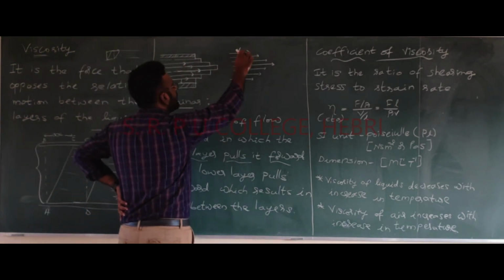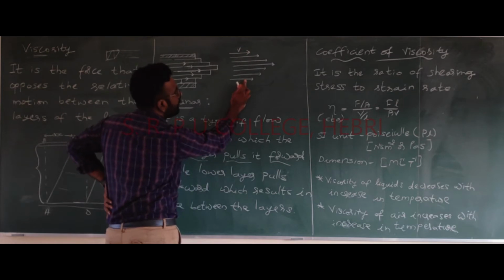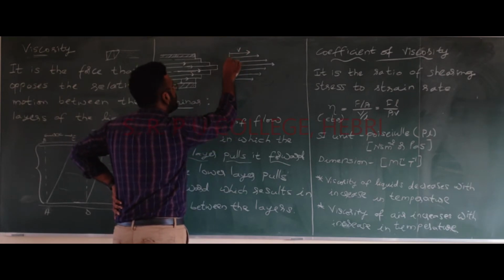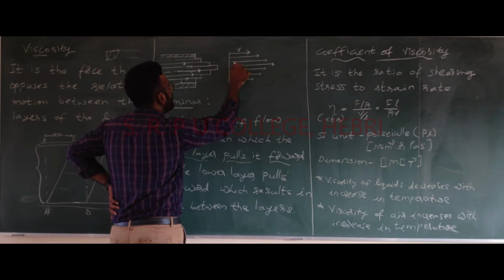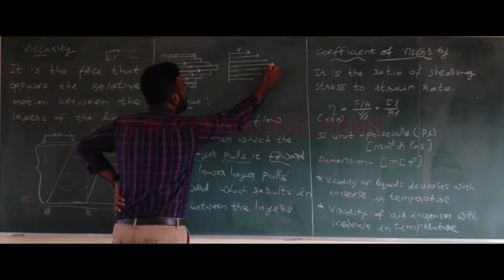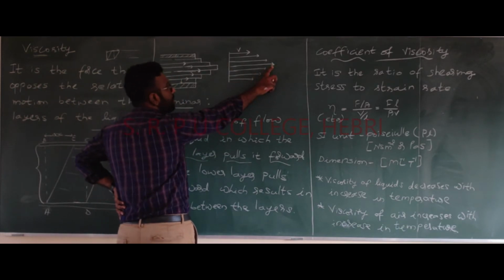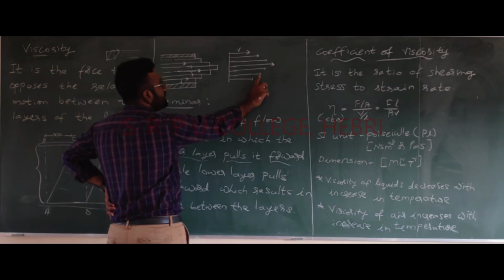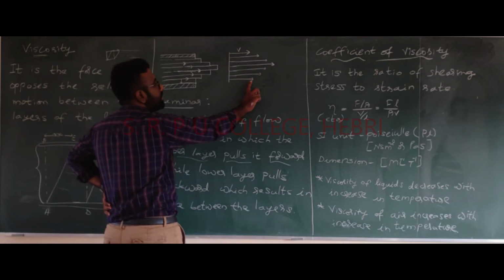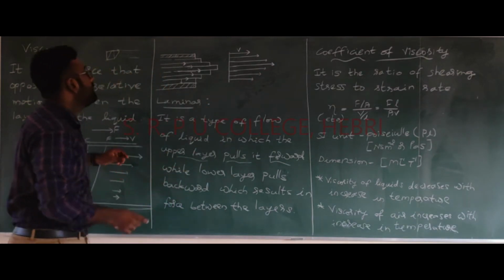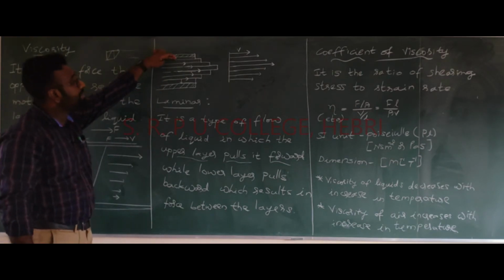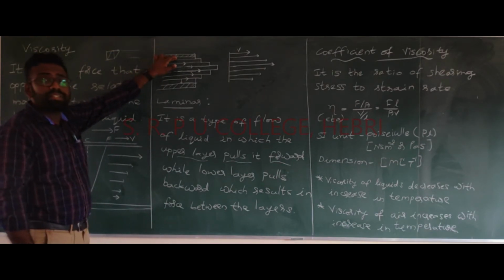See, this line actually shows the magnitude of velocity. If you take it from this point, magnitude is maximum, then decreases, decreases, decreases. Correct, right? So what actually happens here, as we move towards a pipe, velocity decreases.